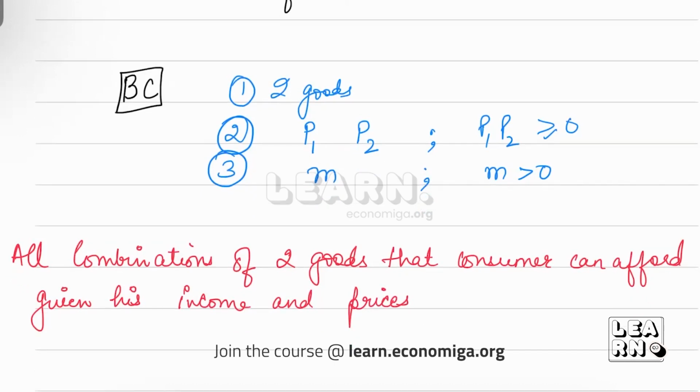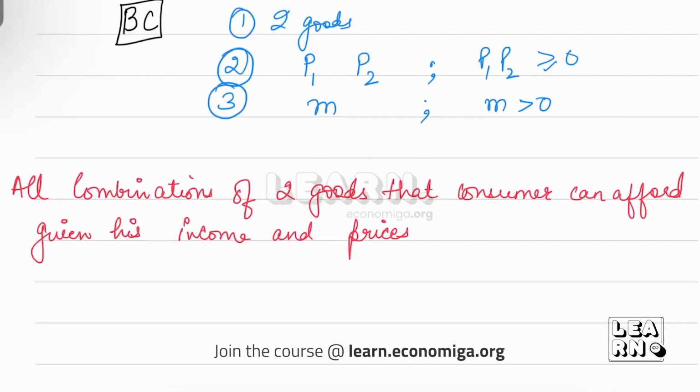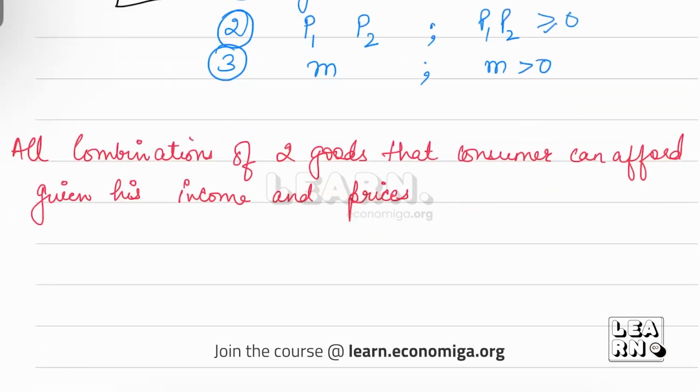So I'm putting a constraint that the consumer has a certain income and there are certain goods that he's consuming with prices P1 and P2. You go to the markets, and what combinations of those two goods can you buy so that you're within your money income, that is, you're not spending more than your money income.